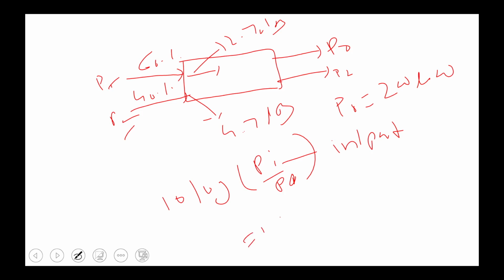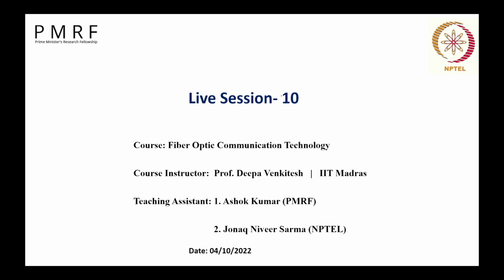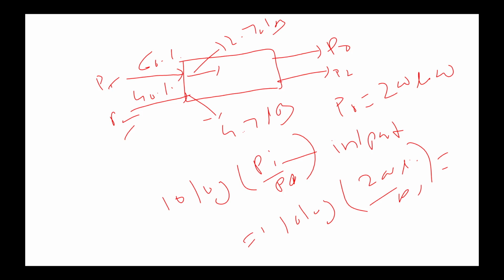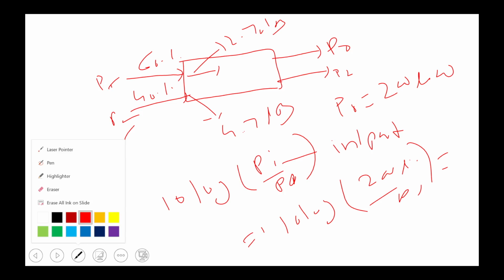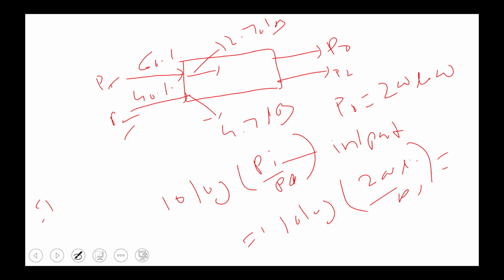So simply you put 10 log P1, with the power you are given, 200 microwatt, over P naught, and the total insertion loss of 2.7 dB for the first case. So 2.7 dB equals 10 log of 200 microwatt upon P naught.